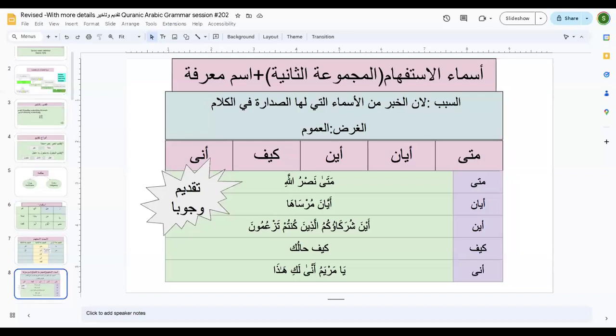So, sister, what is in the second group? Start typing. Okay, so it is Mata, Aina, Ayana, Kaifa, and Anna. Very well done. Everyone with me so far? Now, what are the asmaul istifham included in Al-Majmu'atul Ula?